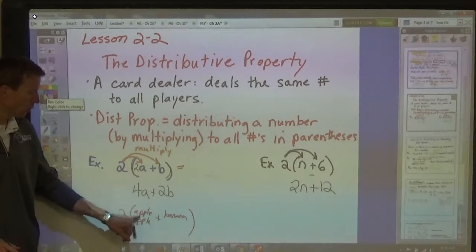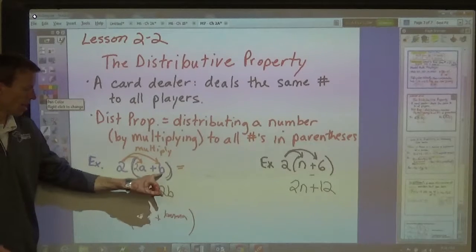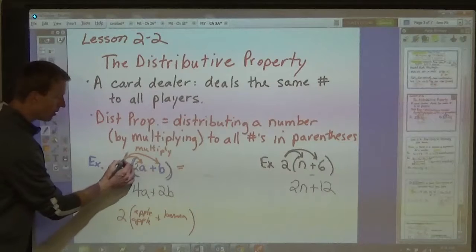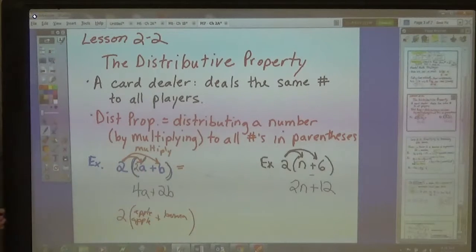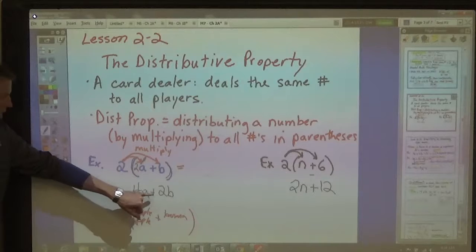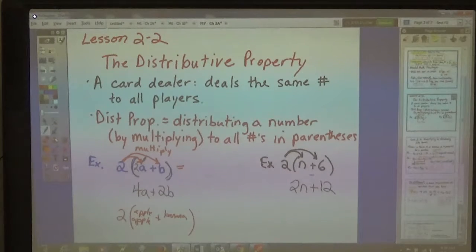Well, if you have 2 A's in the parentheses and 1 B in the parentheses, and you multiply each of them by 2, then you have 4 A's and 2 B's in the parentheses. Okay?